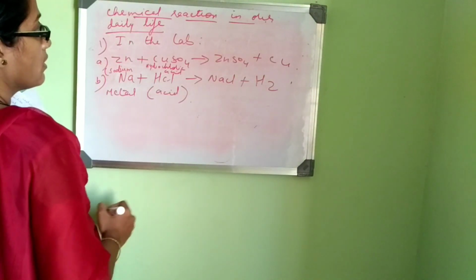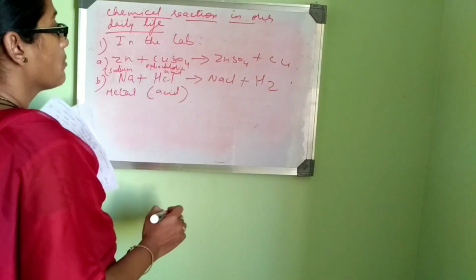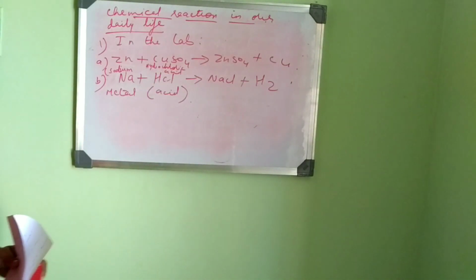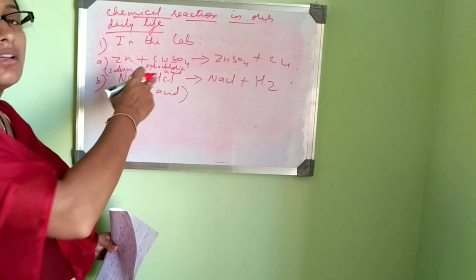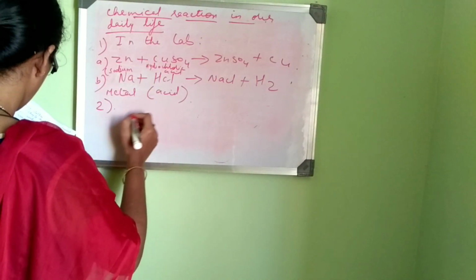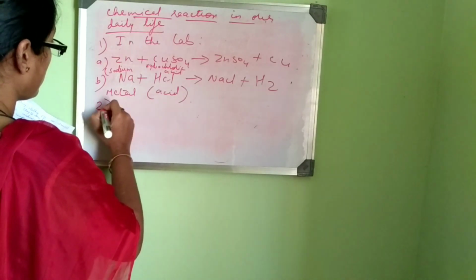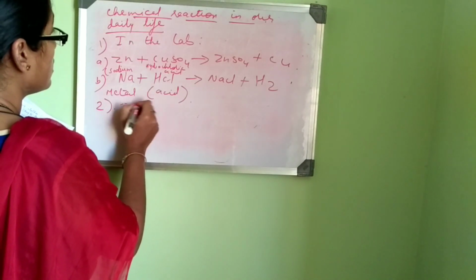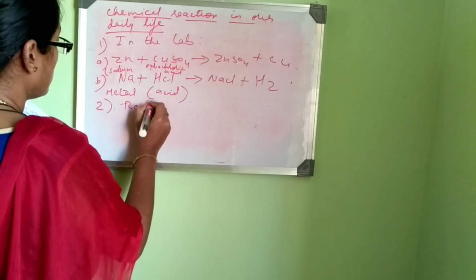So these are some examples of reactions or experiments that can be done at the lab scale.